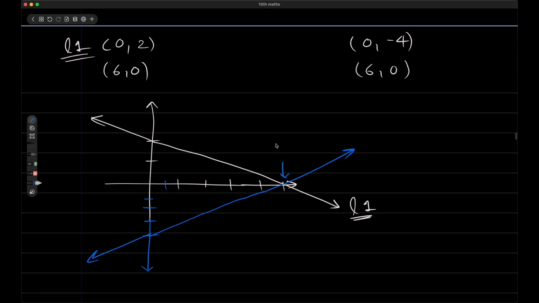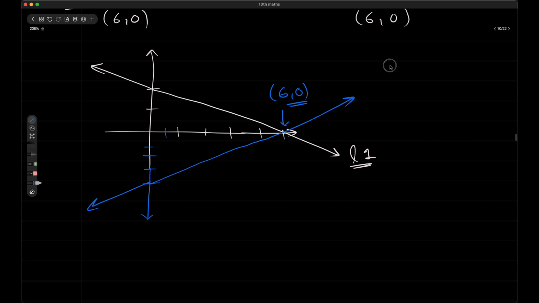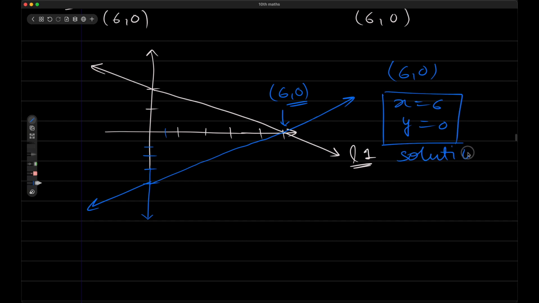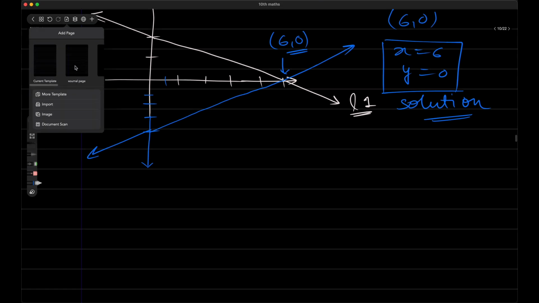The intersecting point is (6, 0). That is the unique solution, that is x equals 6 and y equals 0 is the solution of the lines. Now let us solve example 2.